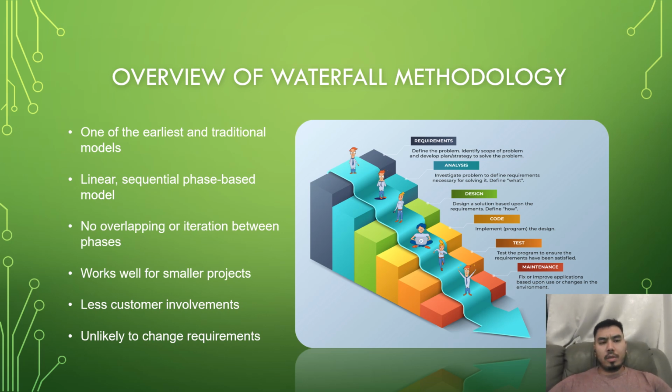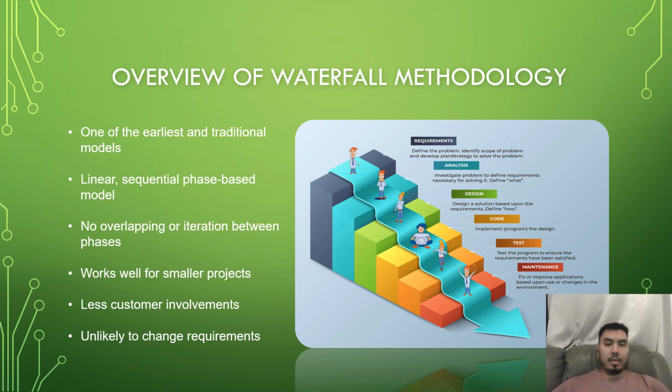Waterfall methodology is one of the earliest and most traditional models used in software engineering. It's a linear phase-based model, which means each phase or step must be completed before the team can continue to the next phase. They cannot overlap two phases, and they have to finish the previous phase.